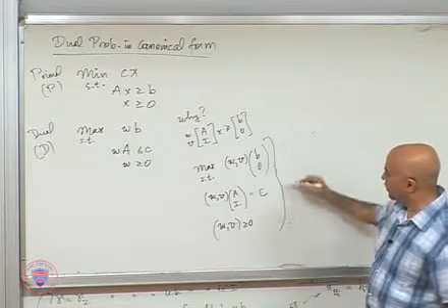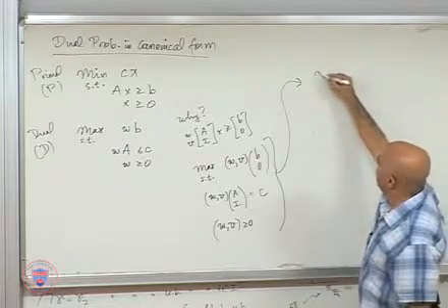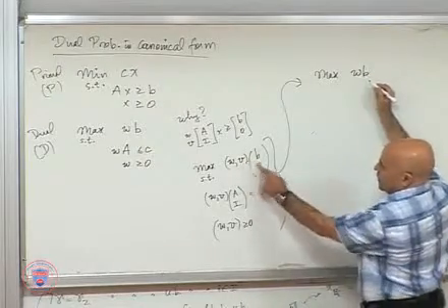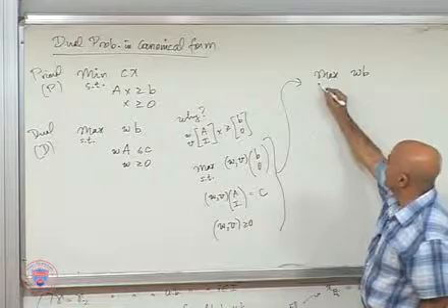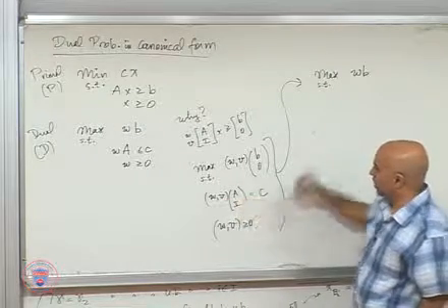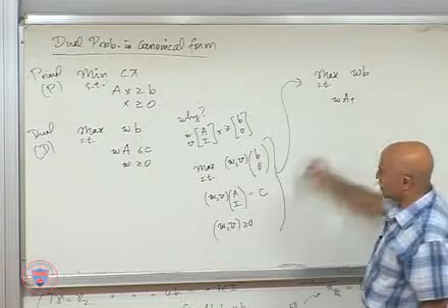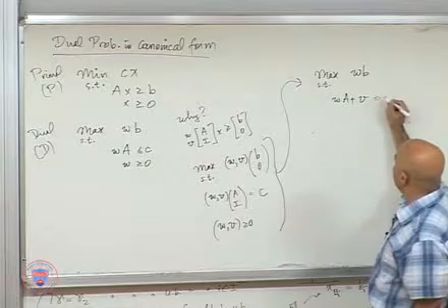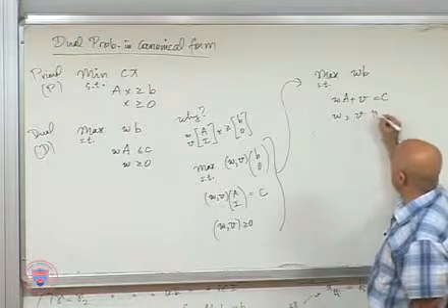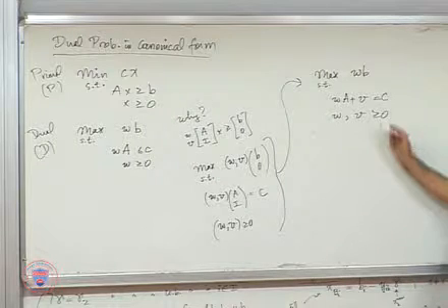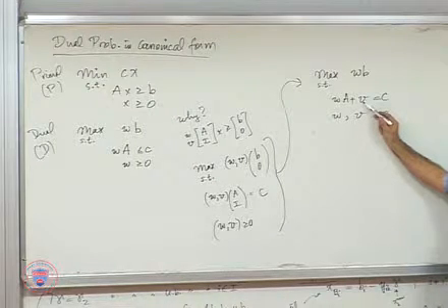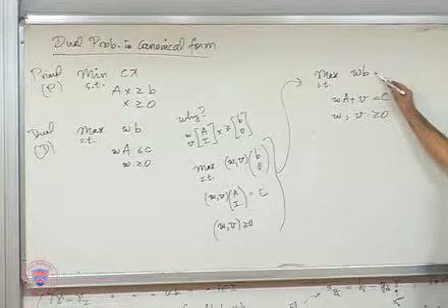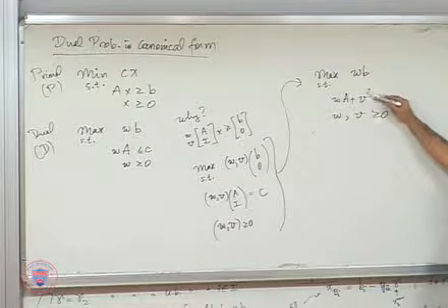And this, of course, gives you the maximization of WB plus V times 0, which is 0, subject to WA plus identity times V, so that's going to be V, equals C with W and V being non-negative. And of course, V in this case is just a vector of slack variables, because the coefficients at the top are 0, and so they are just slacks.